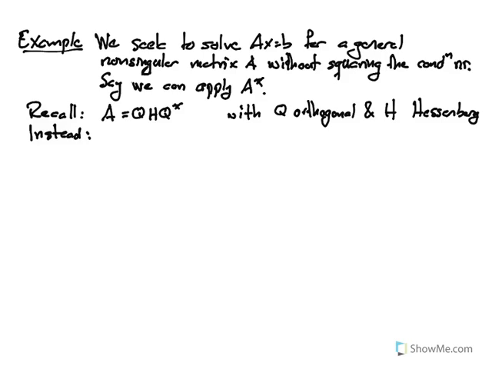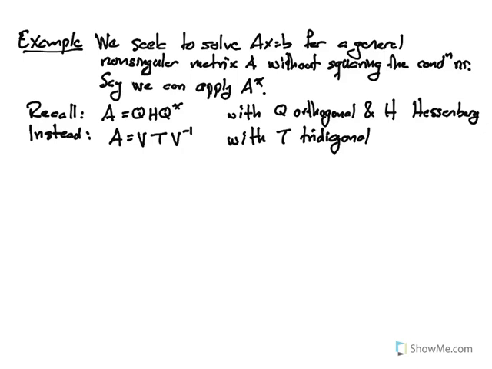Instead, we will factorize A as V T V inverse, so T will be tridiagonal, but now on the right, we're not going to have V star anymore, we're going to have V inverse, with T tridiagonal. So remember that it's still going to be the case that A and T have the same spectrum because this is just a similarity transform.